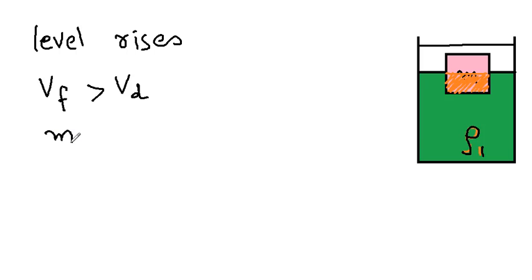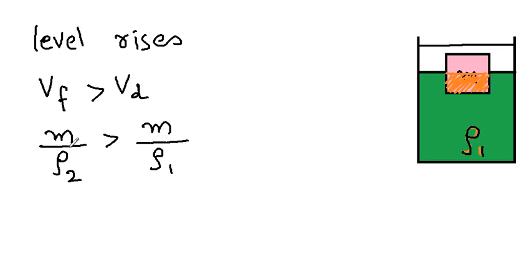Volume formed is given by mass of body by density of the liquid formed. Volume displaced is mass of the body by density of the liquid in the vessel. This is the condition for rising.